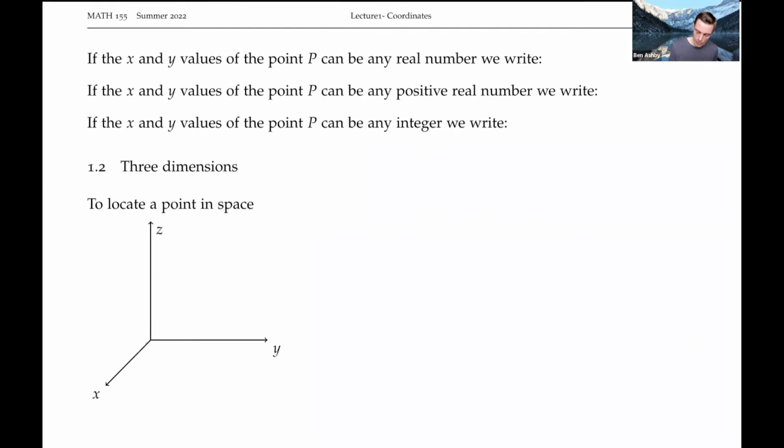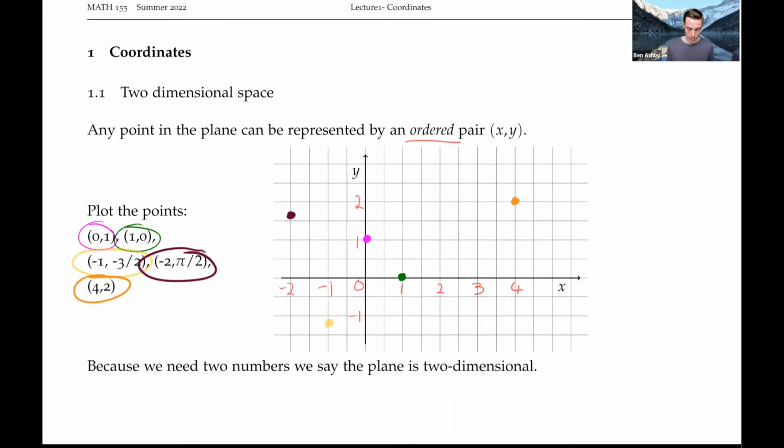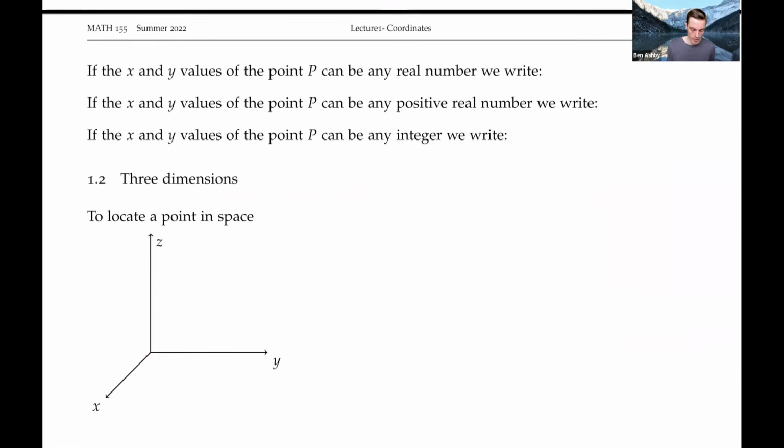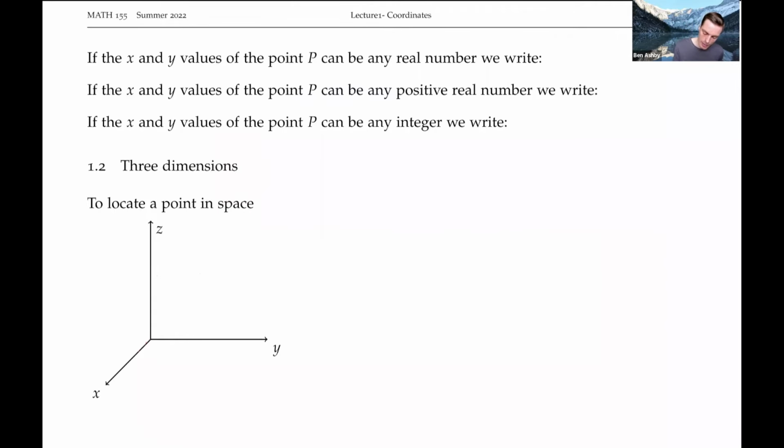So if we have x and y values of the point P that are real numbers, so all of these examples up here, they were all real numbers, then we write this as the point P, so P is our point, is in, which is this little symbol here, and we say it's in R2. So what does that mean?